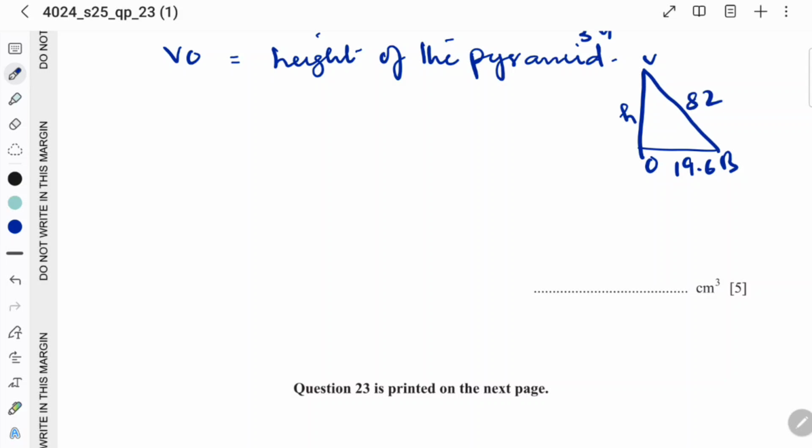You use the Pythagoras theorem, 82 square minus 19.6 square. This height is not the hypotenuse, this is the height of the pyramid.